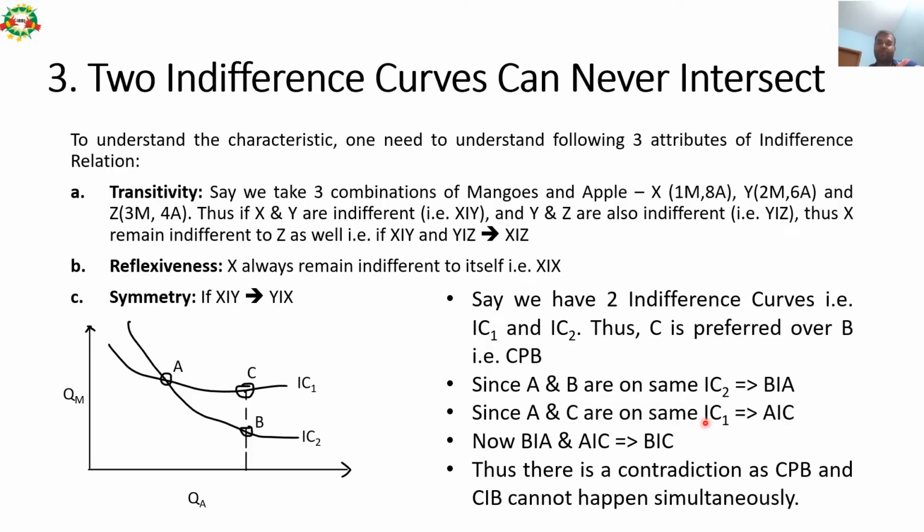They cannot be on different ones, right? So now it is a contradiction. By looking at this diagram, C is preferred over B. However, by the attribute of transitivity, B is indifferent to C. That is not possible. That is why two indifference curves can never intersect each other.